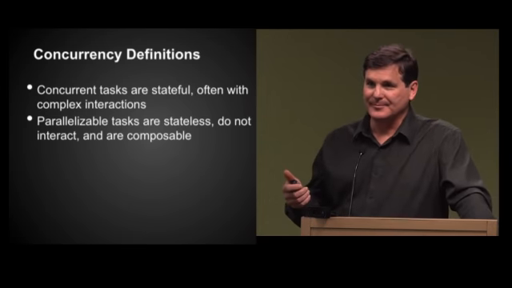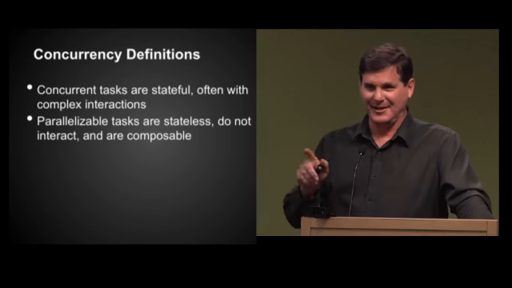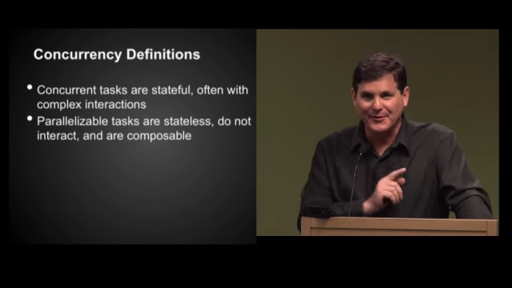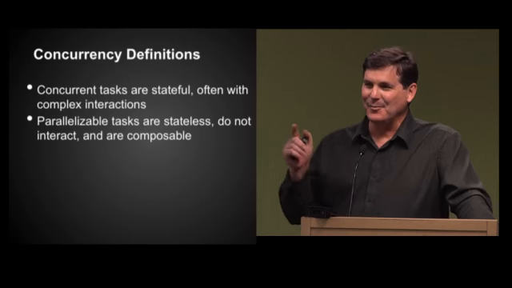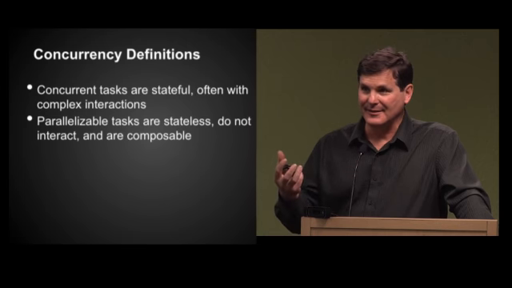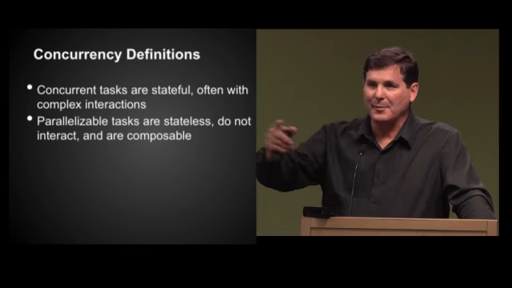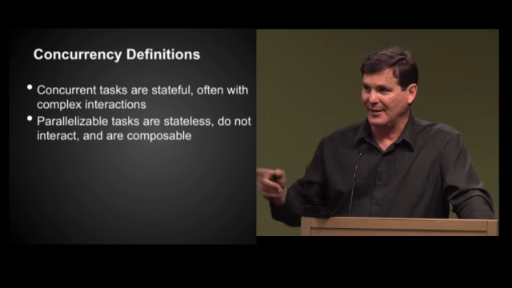So, concurrency. For the purpose of this discussion, and you can disagree if you want, we will agree that the word concurrency refers to a task that has state and communicates with other tasks, possibly via an exchange of state.